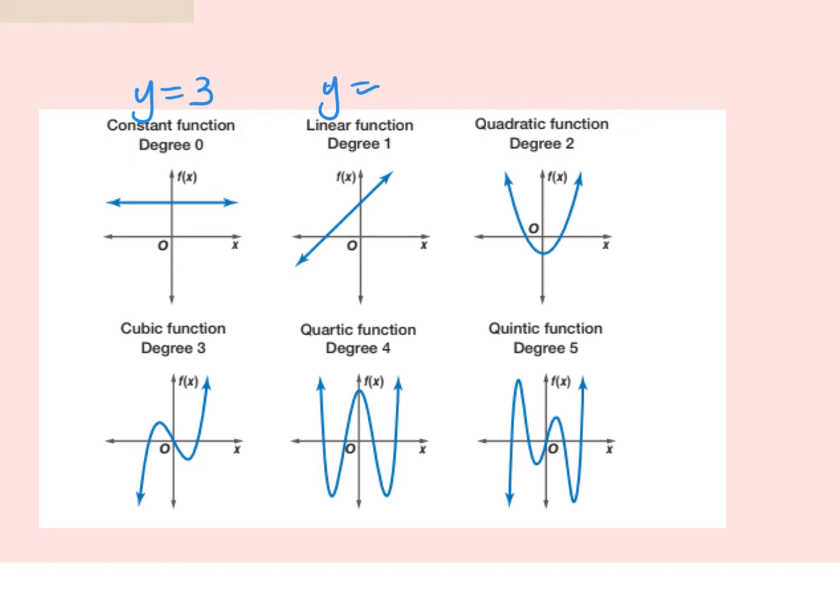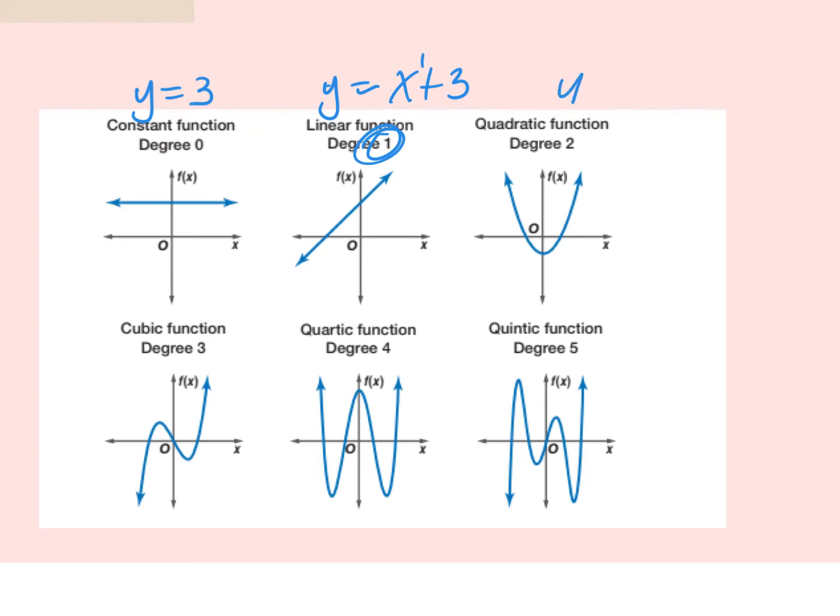Let's just keep it y equals x plus 3. See, this one has a degree of 1. Degree of 1, only a 1 power. And look how it's straight, but it's tilted.